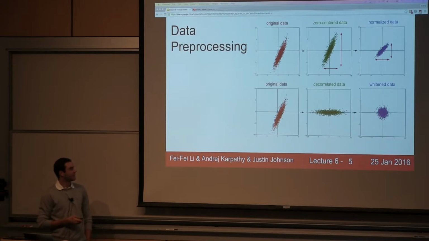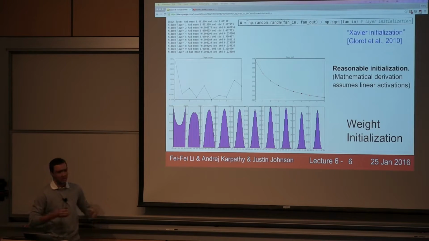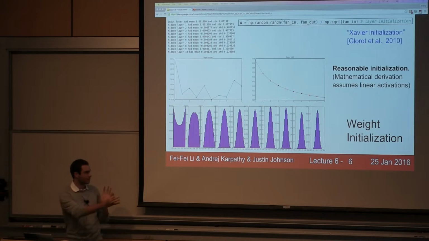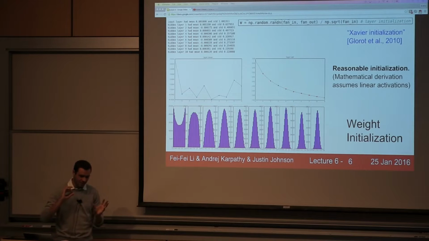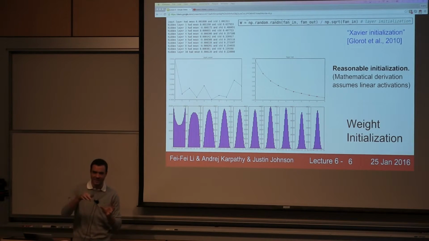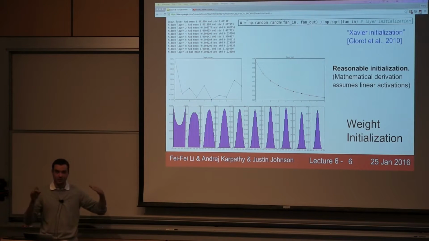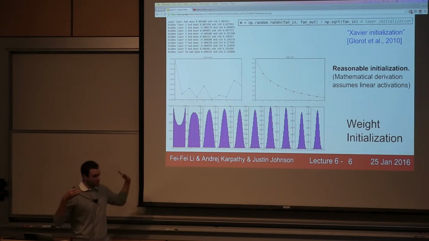We talked briefly about data preprocessing techniques, but very briefly. We also looked at the activation functions and their distributions throughout the neural network. The problem here, as you recall, is we have to choose the initialization for our weights, and in particular the scale of how large we want those weights to be in the beginning. We saw that if those weights are too small, then your activations in a deep network all go towards 0.